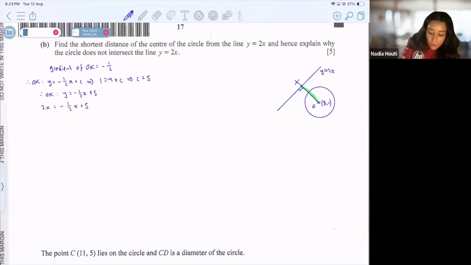So 5 over 2 x equals 5, and x is equal to 2. If x is equal to 2, y is just equal to 2x, so it's equal to 4. So now we've solved for the coordinates of X, which is (2, 4).